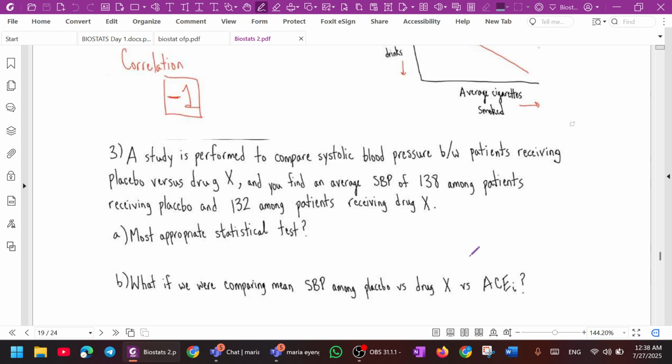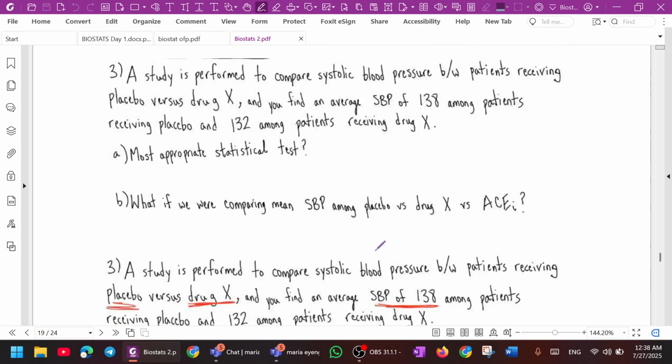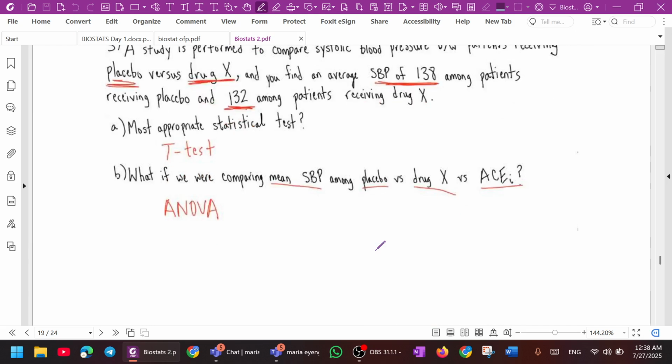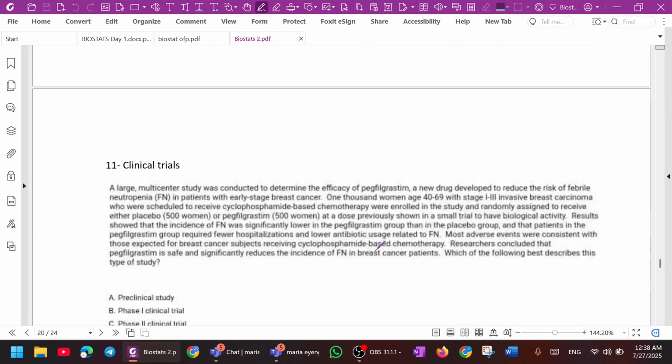As we are comparing two means, it is a t-test. Then we were comparing mean systolic blood pressure among placebo, drug X, and ACE inhibitor. So it is more than 3. That is ANOVA, analysis of variance. Am I right? Yes, you are right. Okay. Next.